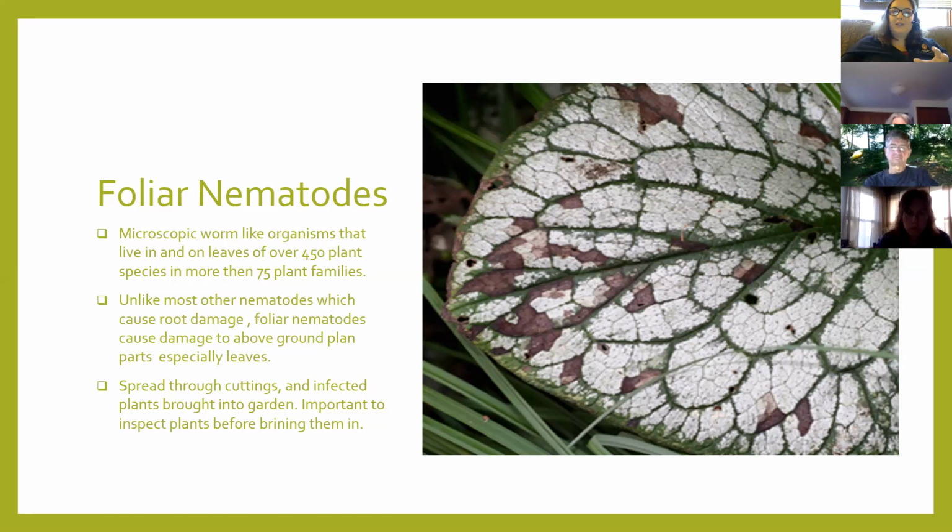that's affecting the leaves. Ways to prevent this is just being aware of the damage that nematodes can cause in leaves. You have distinct discoloration, and sometimes that can look like other diseases as well, as we've seen. But it's spread through cuttings and infected plants brought into the garden.